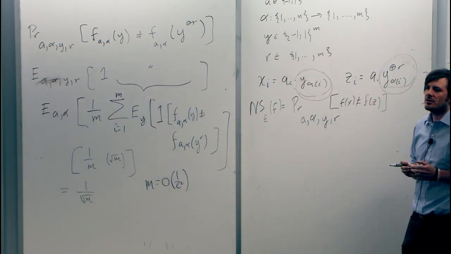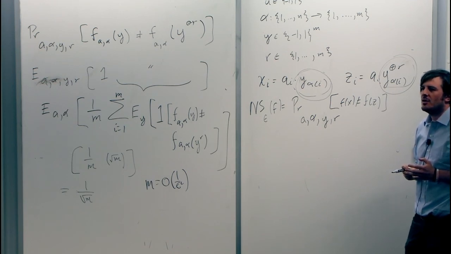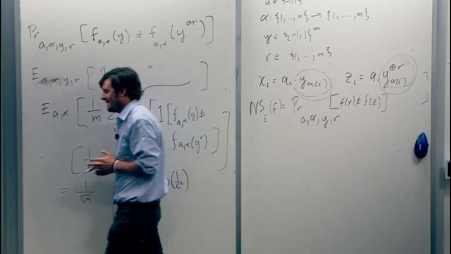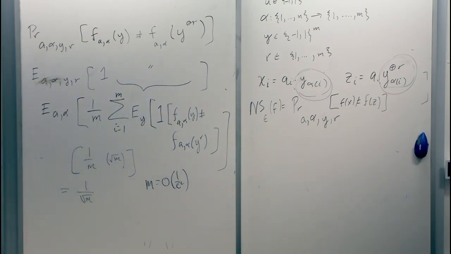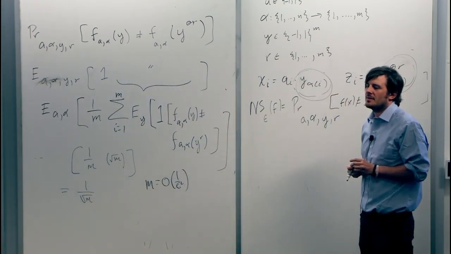I thought majority was the least noise stable. No, majority is the most noise stable. Wait, which is the least noise stable among all the weighted majority? Hold on, because the most noise stable is the constant function, the dictator. Okay, yes. You're right. But maybe this type of argument may show it.